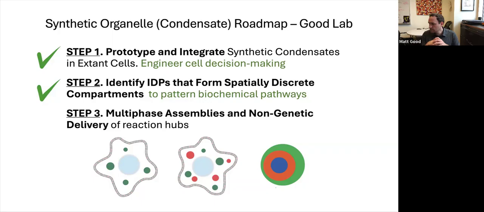Let me see if there's anything else. All right, the next question is actually leaning forward to multi-phase assemblies, which I'll get to in a second. And, oh, sorry, one last point, Adam.